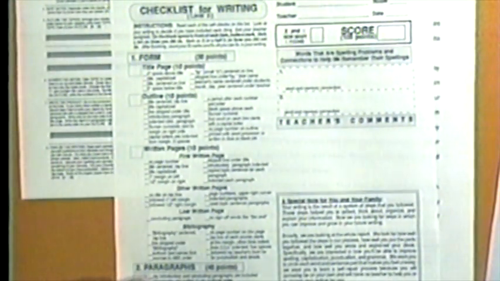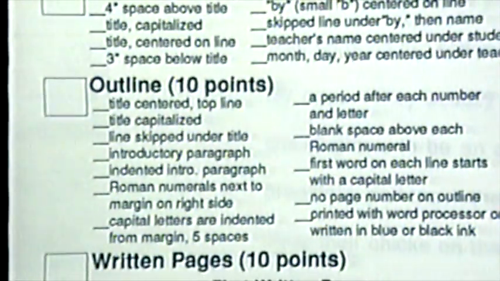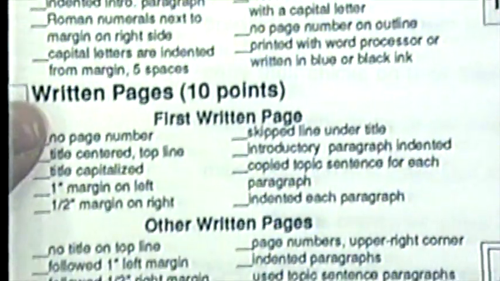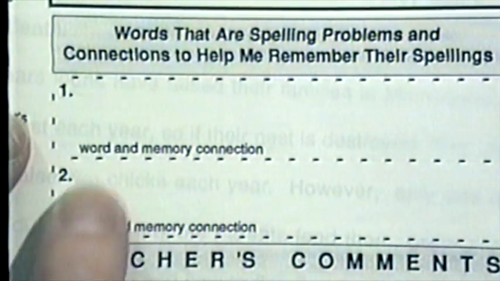Another process we have for fixing the reports deals with using a form. This too comes in 3 levels, but here's the 3rd level. This form gives them a checklist, and they can examine their title page, their outline, their written pages. They can examine the paragraphs and the mechanics. They can look for keywords that they have not learned how to spell and make connections.